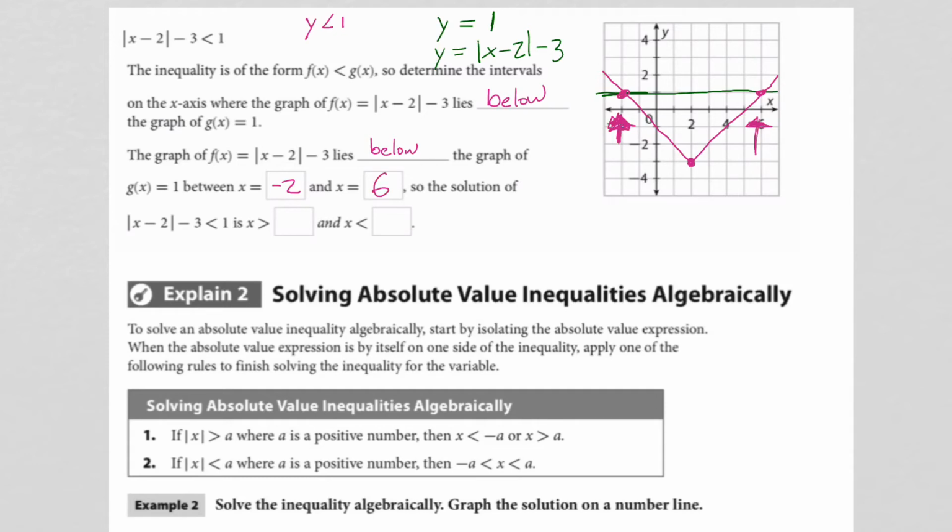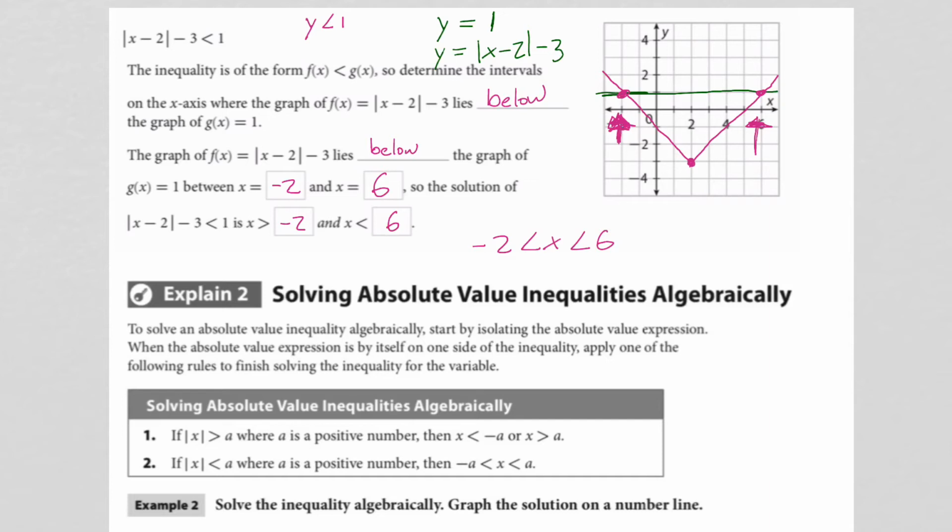So the solution of this is when x is greater than negative 2, and when x is less than 6. Or in other words, something like that.